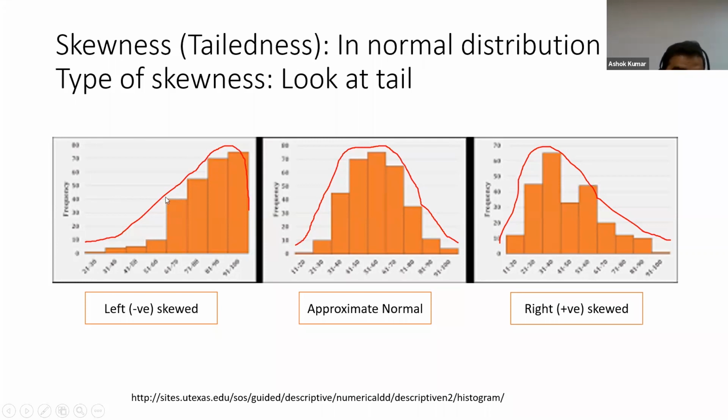It's called left or negative skewed. On the right side curve, you can see the majority of the observations are close to the y-axis, and the tail is towards the right side. So it's a right side or positive skewed distribution, and in the middle is an approximately normal distribution.